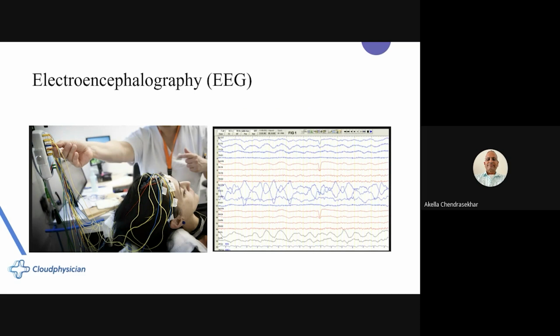And this is an electroencephalogram. This is how the leads are put on the skull, and then we look at the electrical activity within the brain. Now, obviously, to an untrained eye, this looks like gibberish. Very true. However, to a neurologist, they can tell you this is seizure activity, this is not seizure activity.